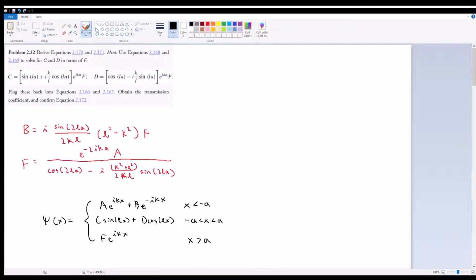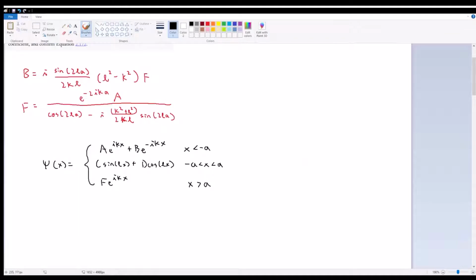From this point, we can instantly start defining boundary conditions. We have continuity at each of these boundaries, and we also have continuity in the derivative. Let's start with continuity at x equals negative a. We have A e to the negative ika plus B e to the positive ika, because x is equal to negative a and it causes the negative to cancel.